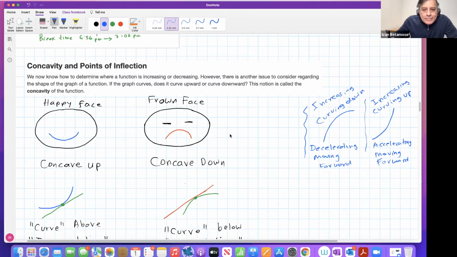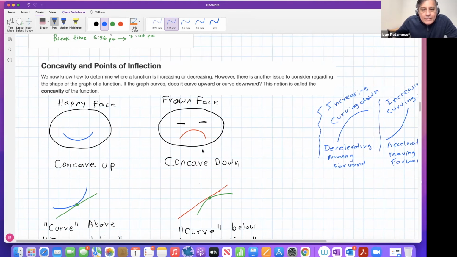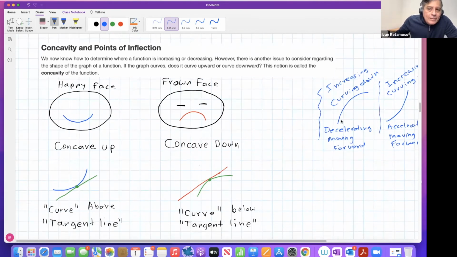So this is when mathematicians figure out that the second derivative is what controls whether it's curving down or curving up. They discover that if the second derivative is positive, it will curve up. The second derivative positive, curving up. And this can be easily remembered by imagining the shape of the mouth of a happy face.